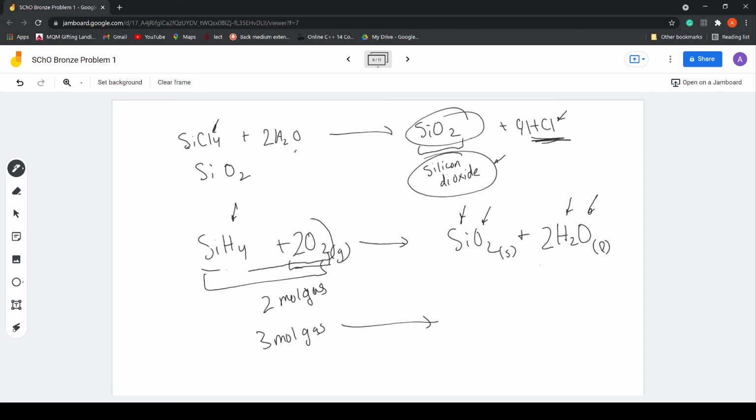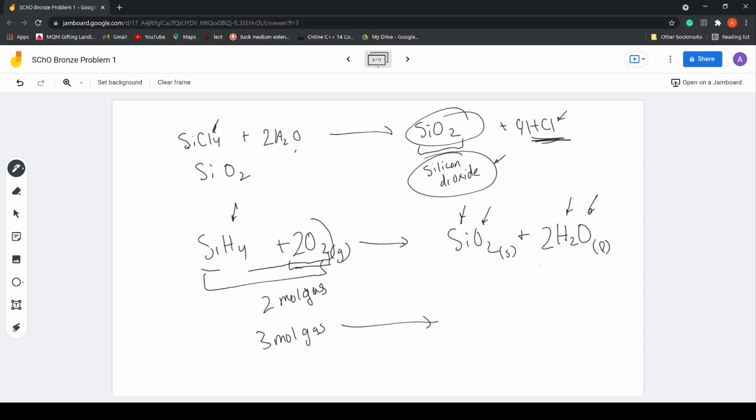We're removing the gas. We're reacting to form solids and liquids, which don't contribute to the balloon's volume, right? The majority of the volume comes from gases. And so because we're just removing gas, we're going to decrease the volume of the balloon.